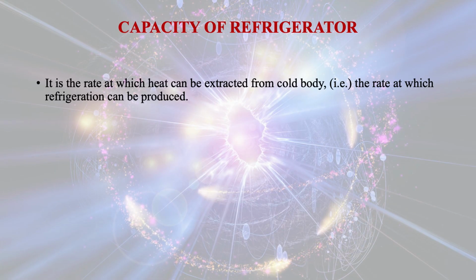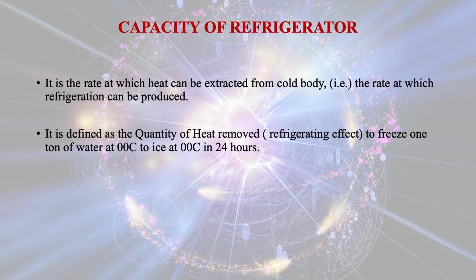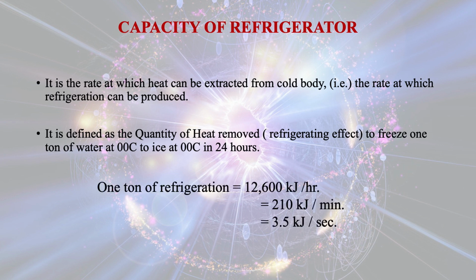It is the rate at which heat can be extracted from a cold body, the rate at which refrigeration can be produced. It is defined as the quantity of heat removed to freeze 1 ton of water at 0 degree centigrade to ice at 0 degree centigrade in 24 hours. So 1 ton of refrigeration is equal to 12,600 kilojoule per hour, equal to 210 kilojoule per minute, equal to 3.5 kilojoule per second.